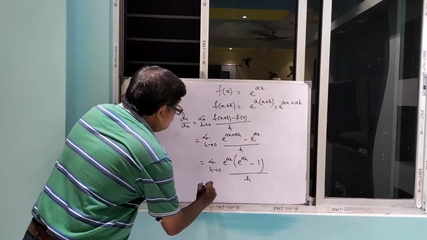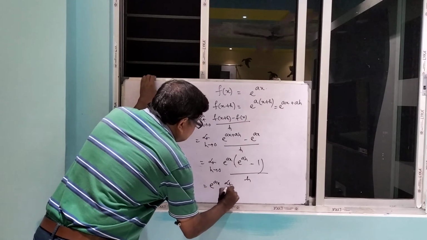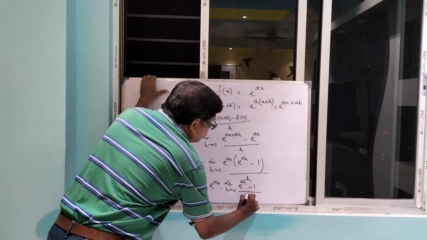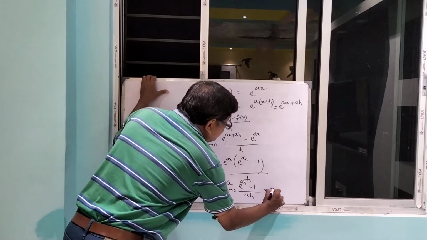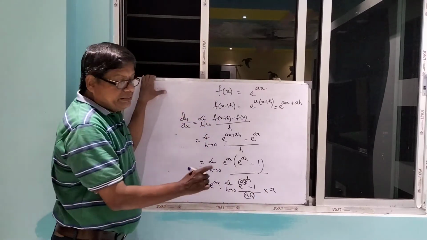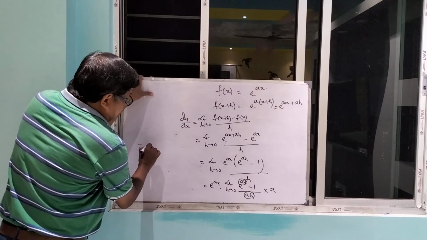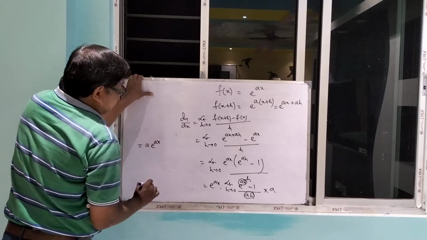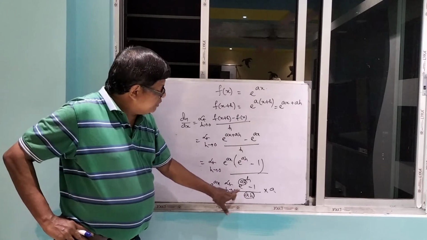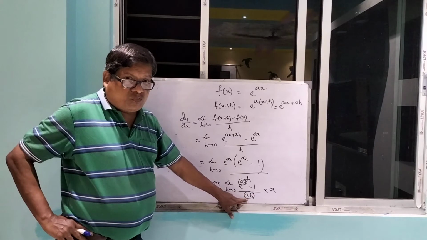Take e to the power ax outside. So the limit h tends to 0 of e to the power ah minus 1 by ah, into a. Whatever ah there is, you multiply by a. So here a e to the power ax. Look at e to the power h minus 1 by h: its limit value will be 1.